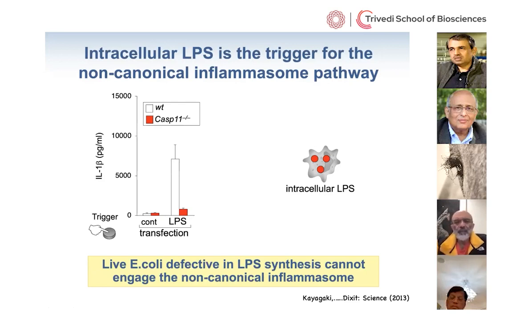So we made a mutant form of E. coli, which was defective in the penultimate step in LPS synthesis. And in live infections, we were able to show that this mutant form of E. coli, while it engaged other inflammatory pathways like IL-6, it did not engage the inflammasome pathway.